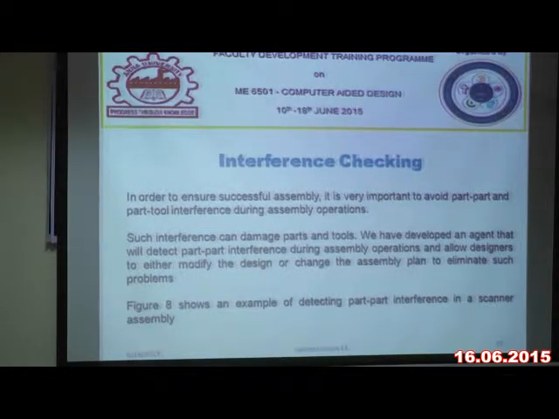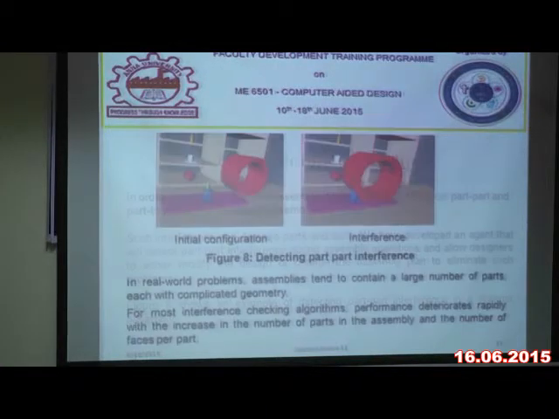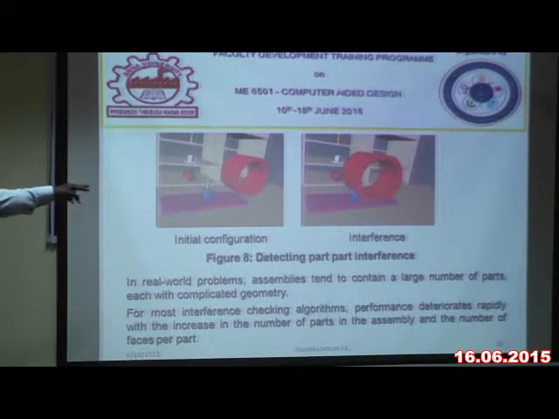If any interference occurs, the design should be changed or edited. This shows the difference between the initial configuration and interference. The diagram shows the initial configurations; interference is just touching of the parts, two identical parts.